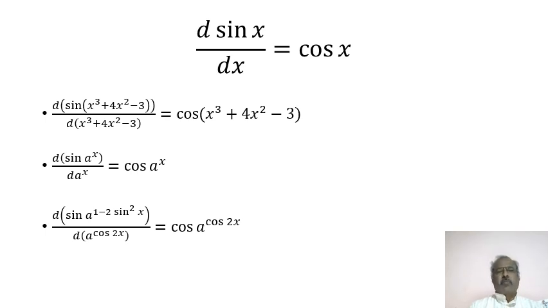And whatever polynomial we have, the derivative of sine of a polynomial with respect to the same polynomial will give us cos of the polynomial. We can have another function as a raised to x. So d sine a raised to x, d a raised to x will be equal to cos a raised to x.